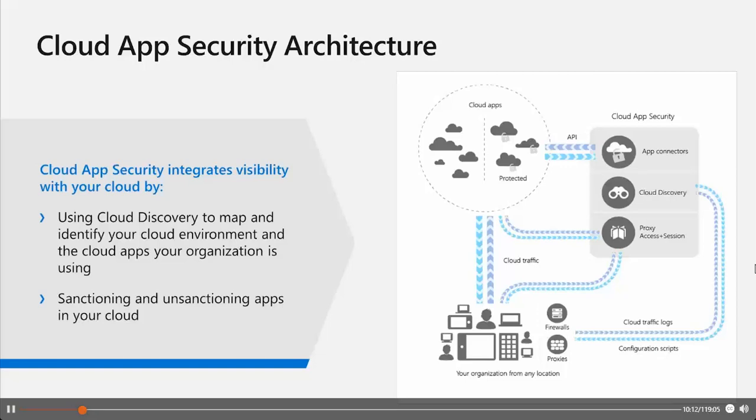Cloud App Security uses the APIs provided by the cloud provider, so each app has its own framework and API limitations. Cloud App Security basically works with app providers on optimizing the use of APIs to ensure the best performance.